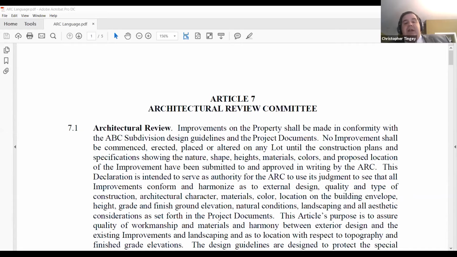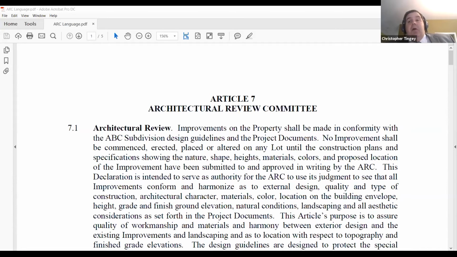You learn from mistakes, and you learn from good experiences too, by the way, not just mistakes. It gives you the opportunity to look at it and change as the circumstances change, and it doesn't require an owner vote to amend the declaration, which is often very difficult, if not impossible to get. If it's in design guidelines, the board can do it, and it makes it much easier.